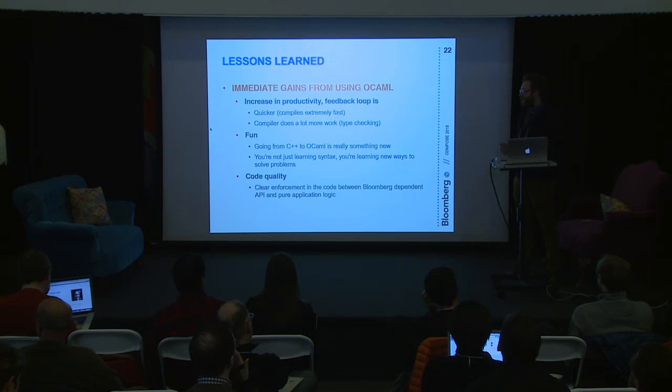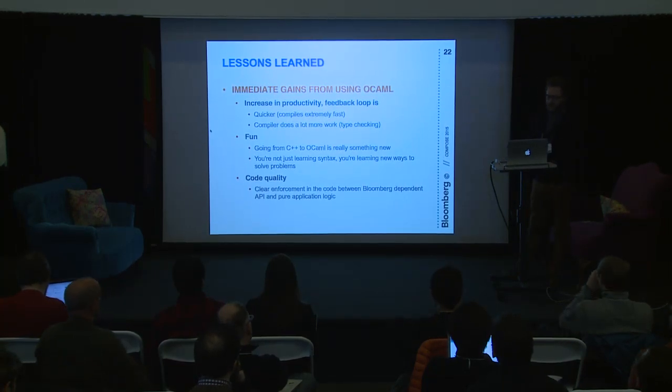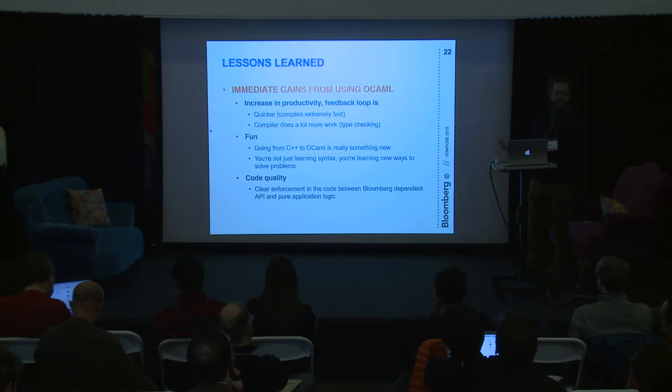But when a program compiles extremely fast, when you reach 100 files, I can tell you this is a lifesaver. Of course, the compiler does a lot more work for you, a lot fewer bugs. We definitely saw the trend there. It's fun as well. Honestly, a lot of people just like it. And the code quality overall, we're writing cleaner code. It's much more readable.